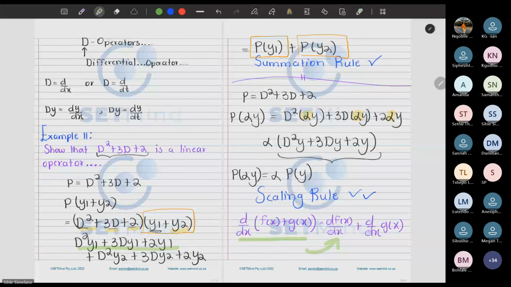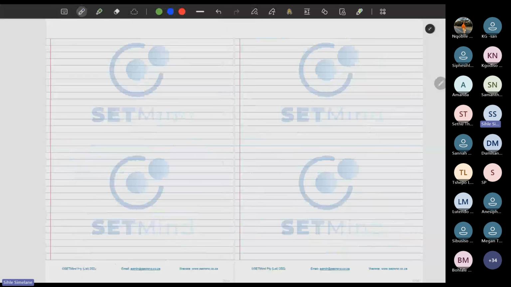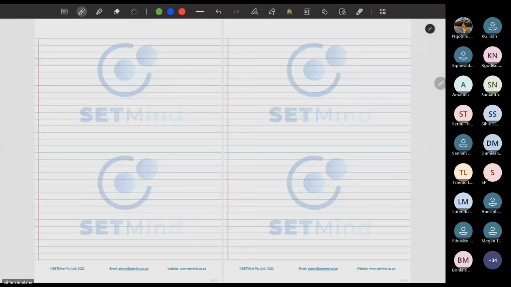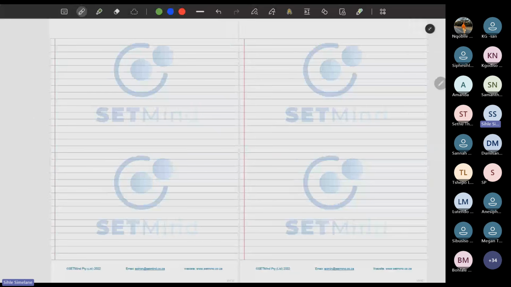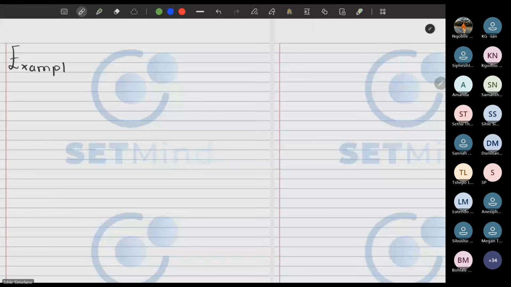Yes. Yeah, let's have a look at this one. Okay. So let's say we have this case here. I'll call it example 13. So let's say now what we are asked to do here is to check if this operator, let me think.